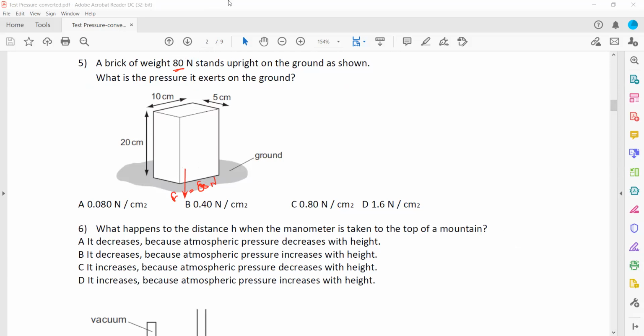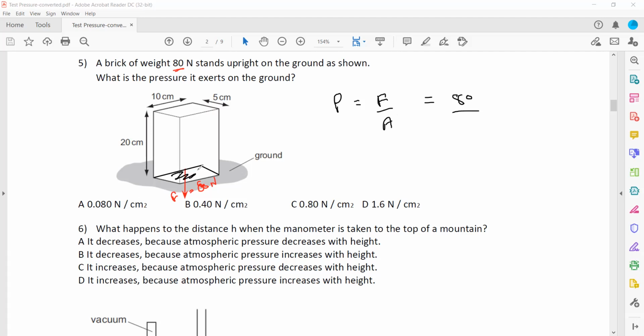and it is placed, so we want to calculate the pressure. Pressure is force acting on unit area. We know the force, that is 80, but what about the area?